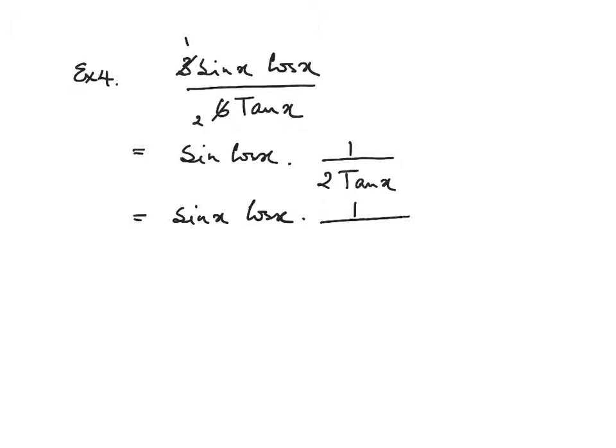Remember that tan x can be written as sin x over cos x. Dividing by a fraction, which is what I've got here. I'm dividing by this fraction. Now what happens when you divide by a fraction?